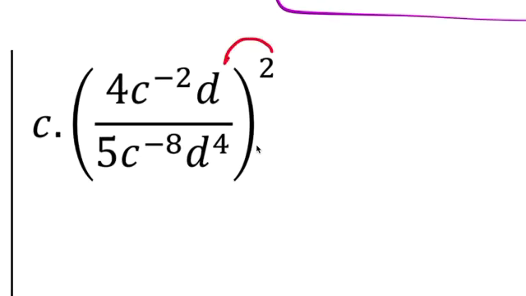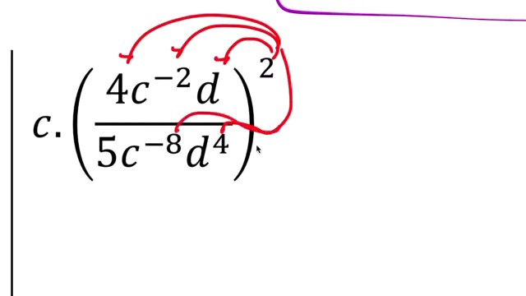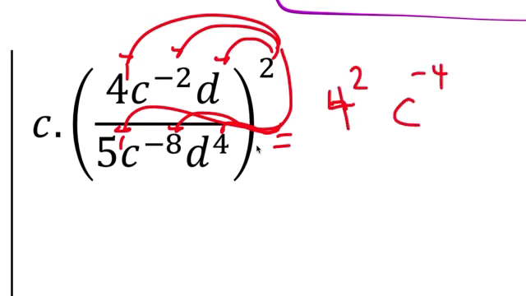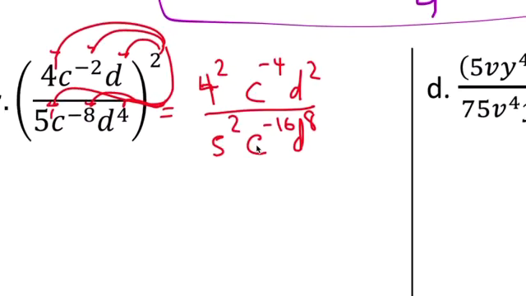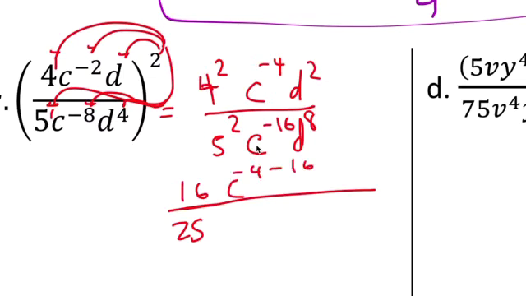Okay, distribute to the top and distribute to the bottom. Exponent of 1. So 4 squared, c to the negative 4, d to the second, over 5 squared, c to the negative 16th, and d to the 8th. 16 over 25, c negative 4 minus negative 16, so it's a plus.